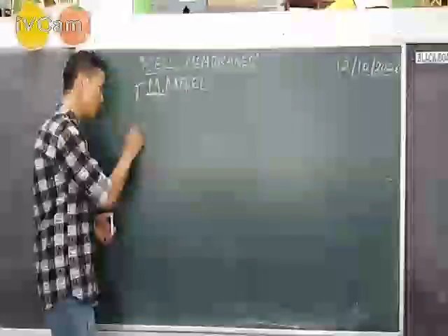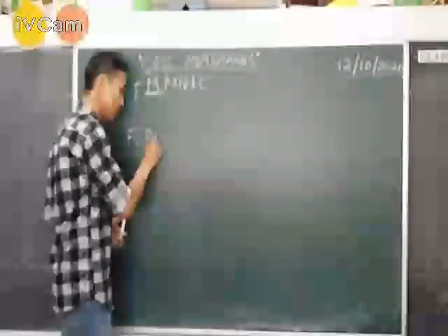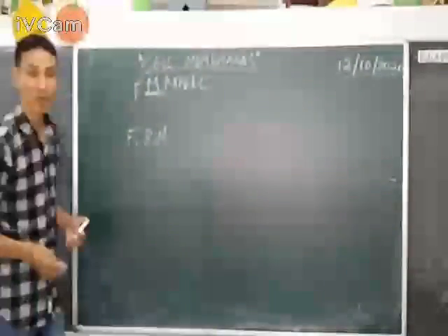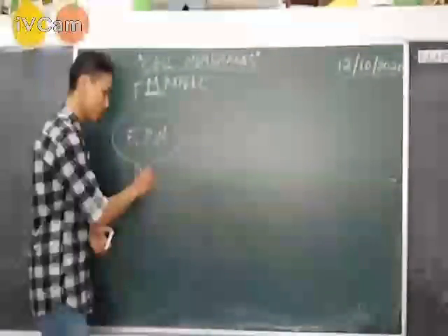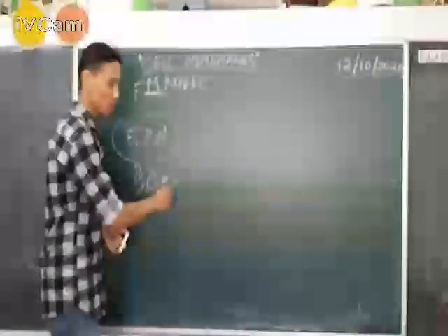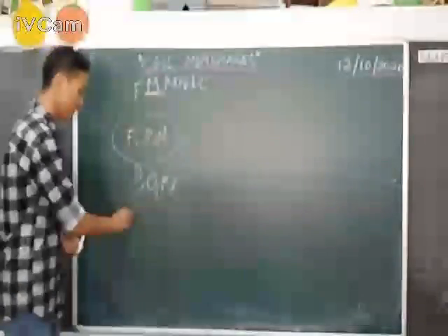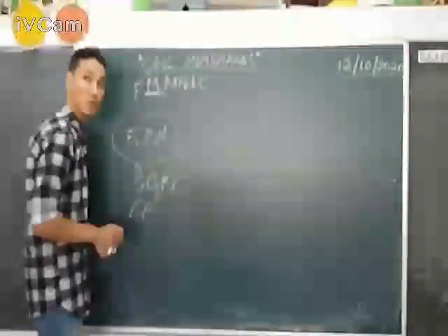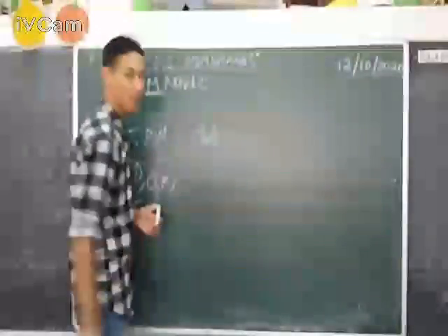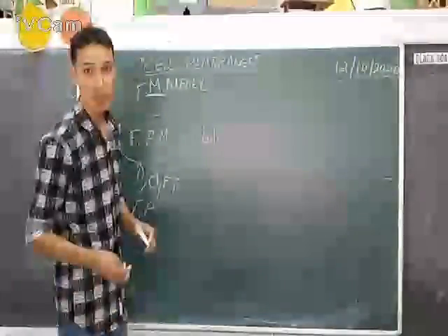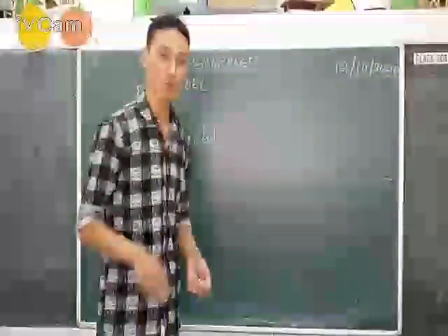Then functions of cell membranes or plasma membrane. Functions, what it means is, most common ones are diffusion, osmosis, facilitated transport, and phagocytosis and pinocytosis. And the last thing is modifications. By modifications, it can either be microvilli or desmosomes.